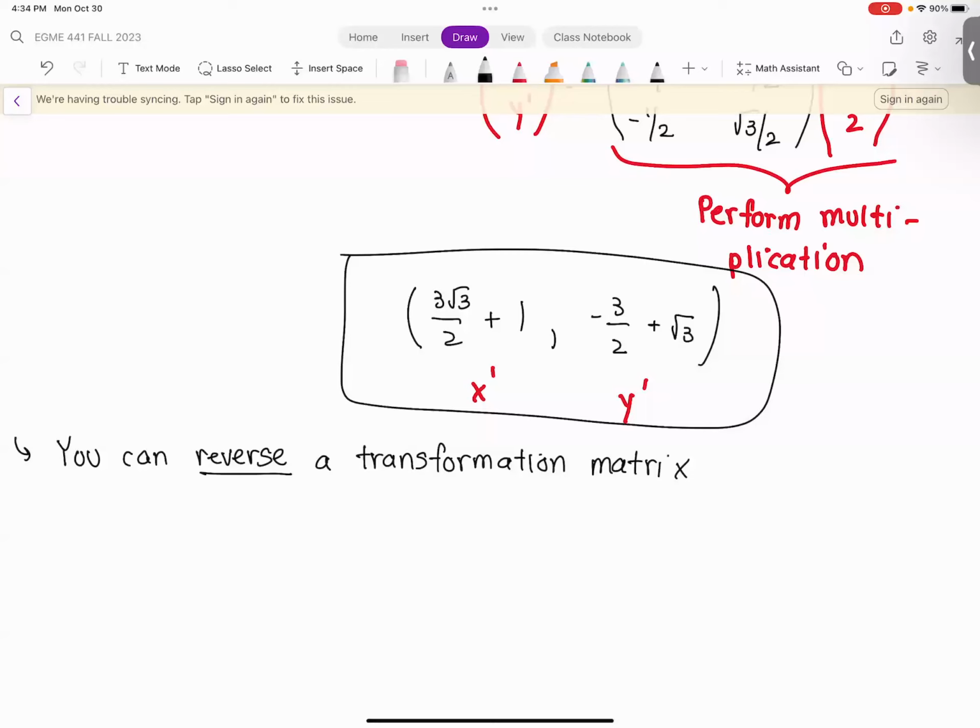You can reverse that direction, right? Let's say you have coordinates in the transformed system and you want to transform them back into the original system. You can reverse a transformation matrix. Unfortunately, you can't use the same one as it is. You have to work on it a little bit. And the way that you reverse it is by simply taking the transpose.